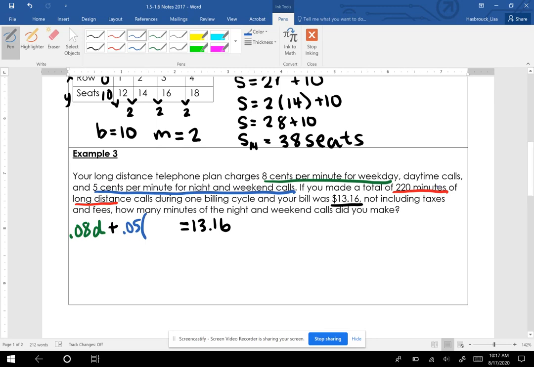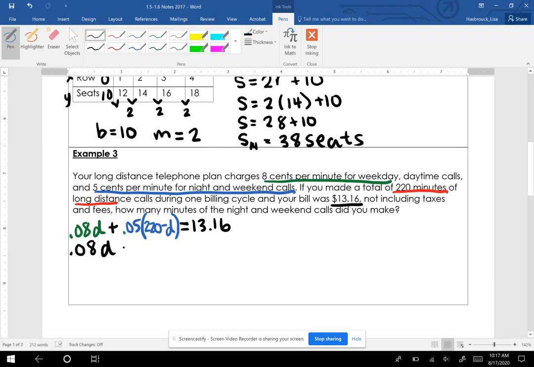But we do know if we used a total of 220 minutes and we subtract the number of daytime minutes, that should equal the nighttime minutes. So just to recap, daytime minutes times 8 cents plus 5 cents for nighttime minutes times, we took the 220 total minutes we used, subtracted the daytime, that gives us how many nighttime minutes there are, and the total cost should equal $13.16. So now we simplify.